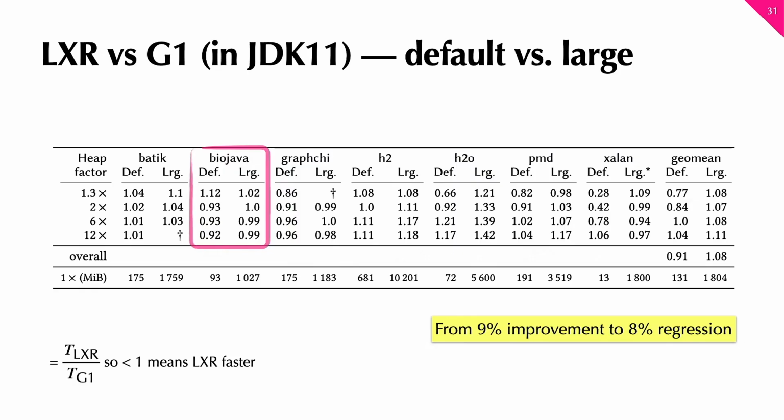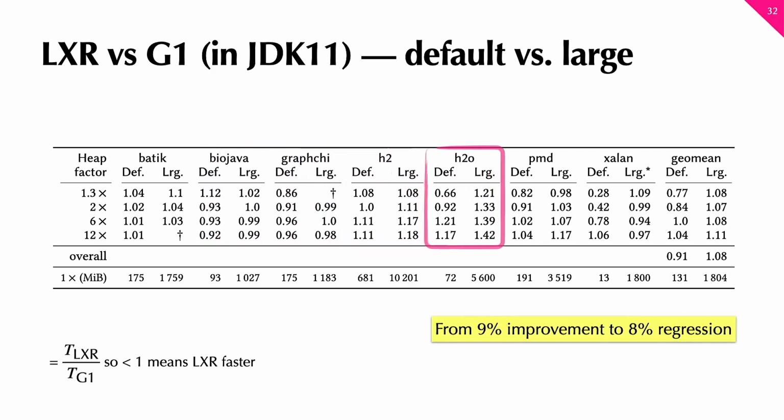But again, in large with the same heap factors, we are seeing almost an on-par result, right? So something is happening, both going from a regression being turned into on-par, and from an increase being turned into on-par, right? Let's look at H2O.